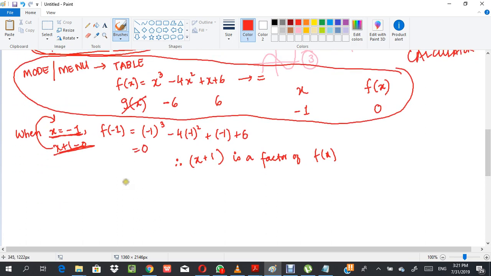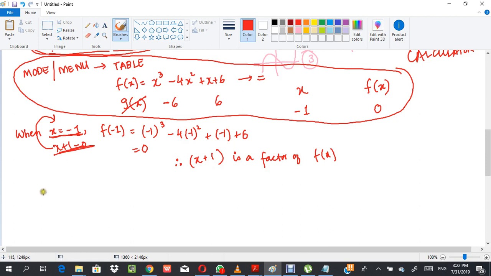Now, since x plus 1 is a factor of f of x, it means that if I divide f of x by x plus 1, I am going to get no remainder, and the quotient would be a polynomial with degree 2.